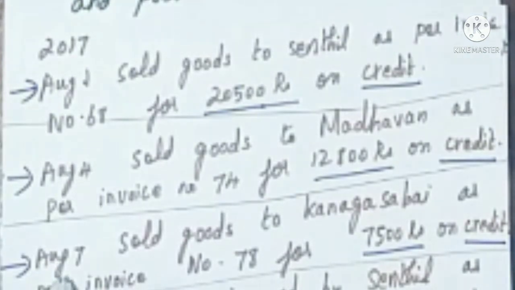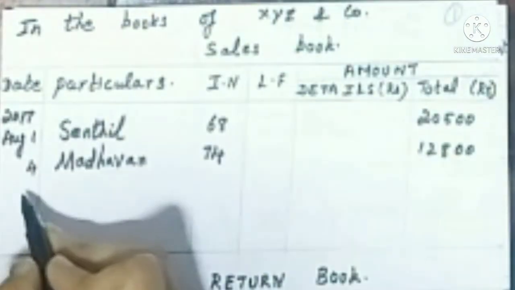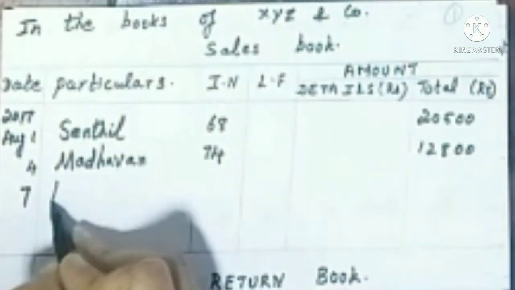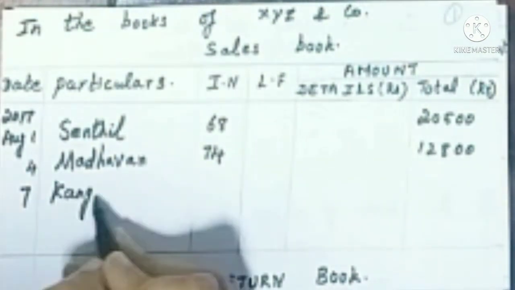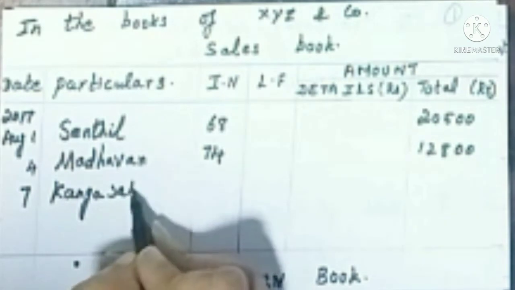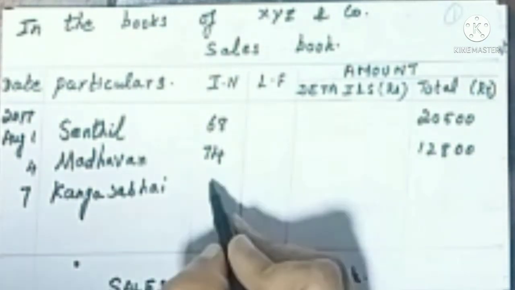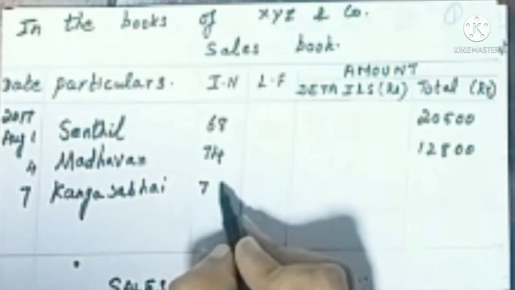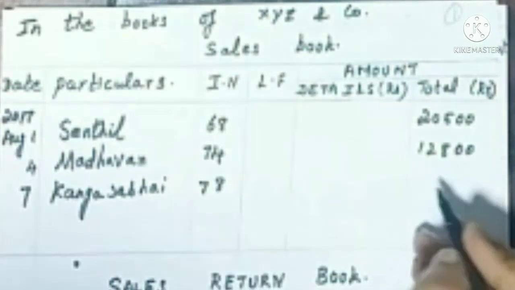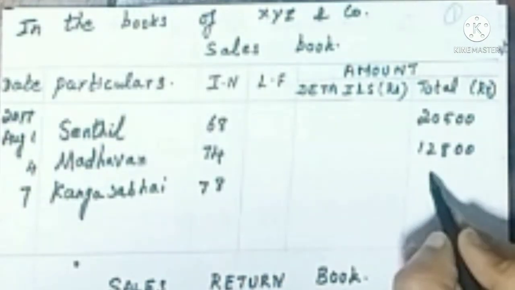See, on August 7, goods are sold to Kanagasabai for rupees 7,500. Invoice number is 78. So, I am going to record in subsidiary books. On August 7, goods are sold to Kanagasabai. Invoice number is 78. Amount is rupees 7,500.